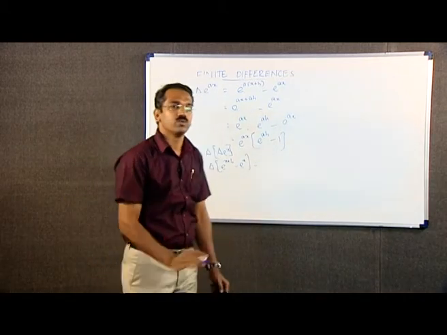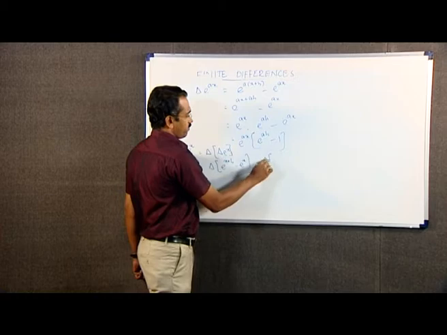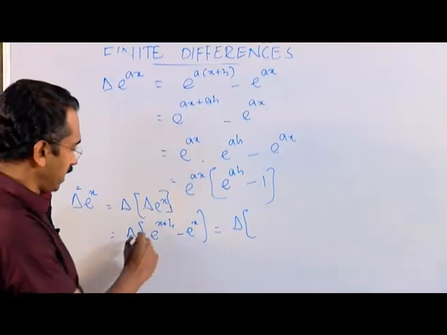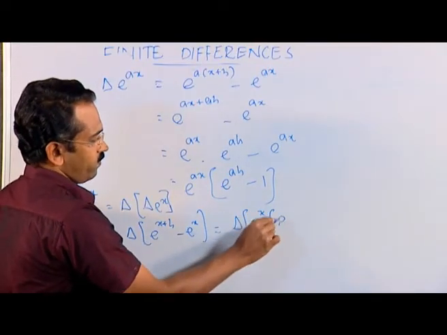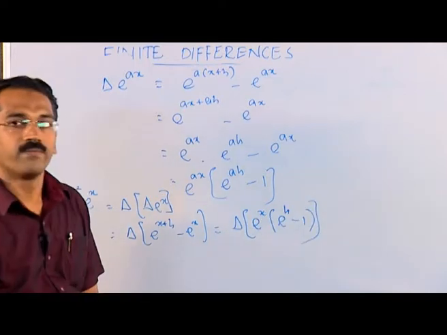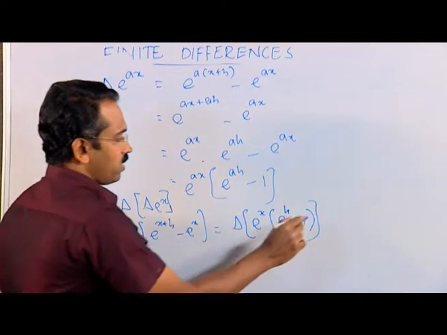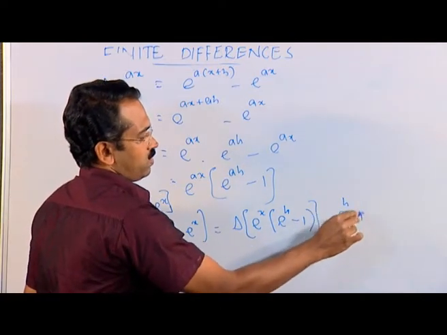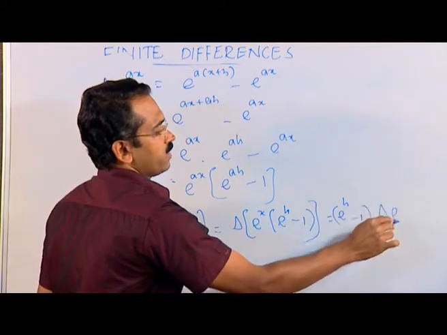That is equal to delta of e raised to x into e raised to h minus 1. That is e raised to h minus 1 into delta of e raised to x.